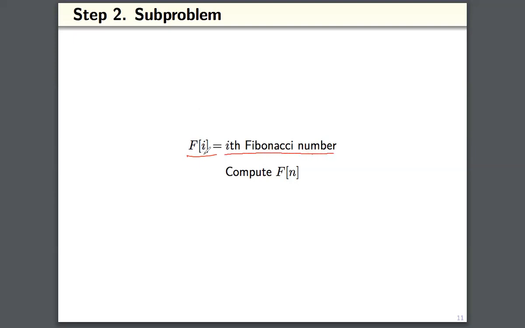Okay, let's use square brackets and not parentheses. The reason is typically we use parentheses to mean a function. Function, that means this is the function name and i is the parameter. But what do we mean by square brackets? This means it is an array value, right?